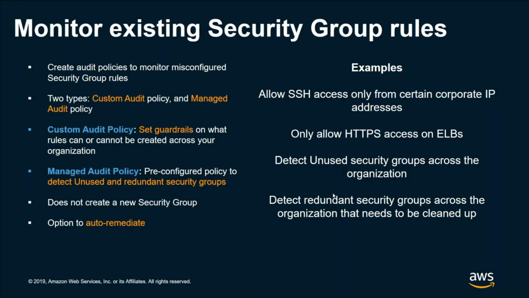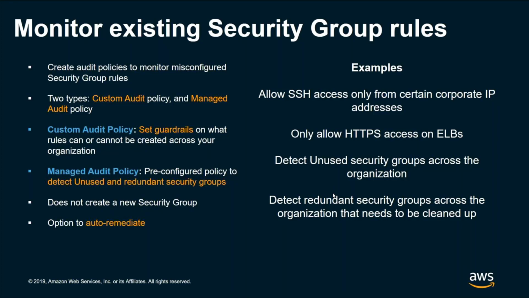So now you can create an audit policy that allows SSH only from certain corporate IP ranges. Similarly, you can allow HTTP access only on your ELBs, or you can make sure that only port 443 is allowed across your infrastructure. And you can use the managed policies like unused security groups or redundant security groups, easily know when such security groups are created and have Firewall Manager clean that up for you.